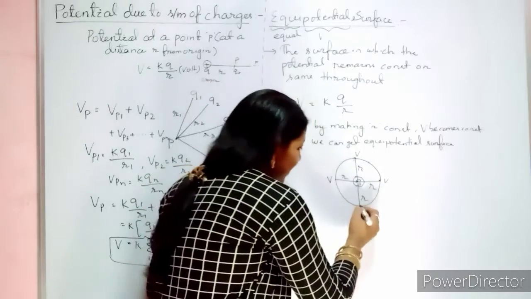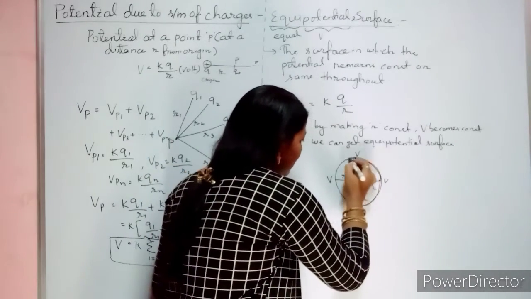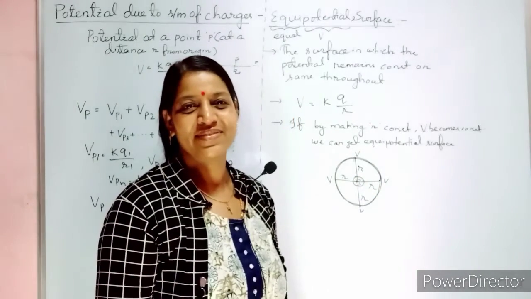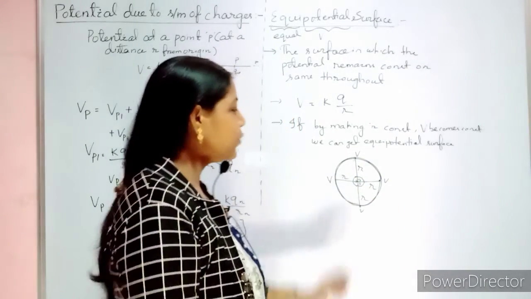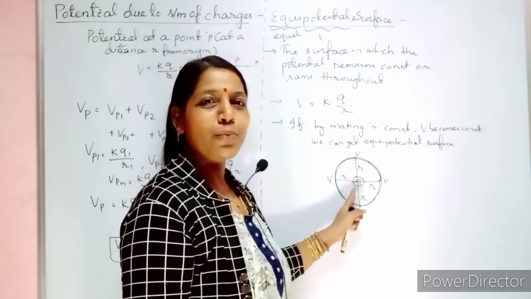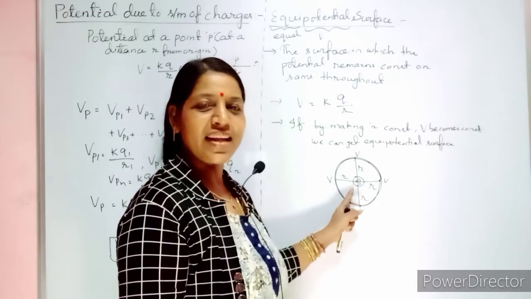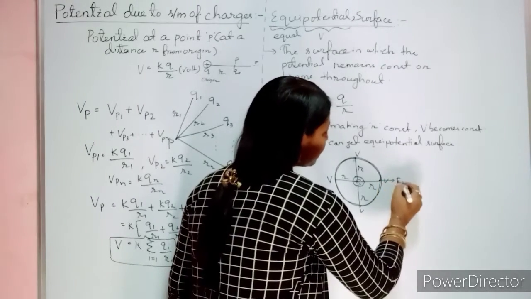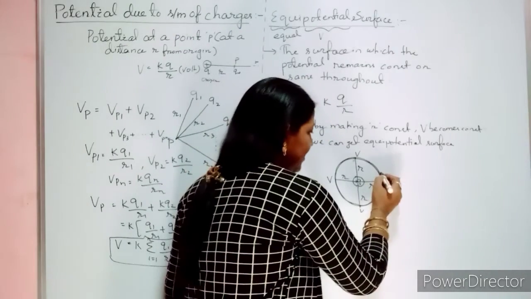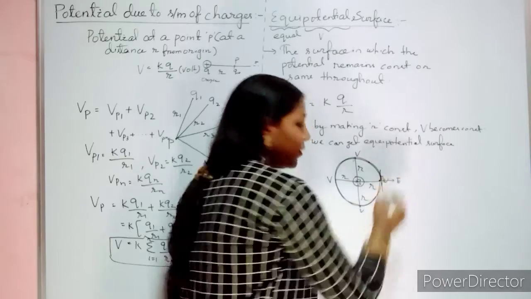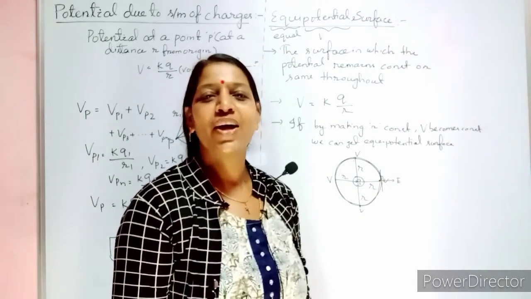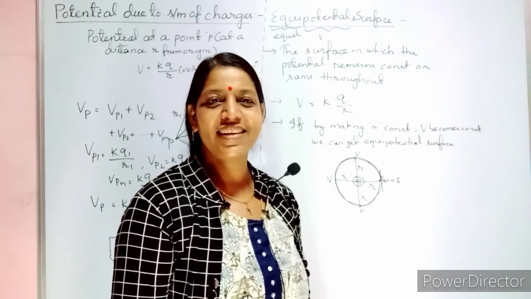So hence, this is called an equipotential surface. And here what you are able to observe, if it is a point charge, a positive charge you are taking, definitely your electric field will be outward. If you draw a tangent, what will you find? Your electric field is always perpendicular or normal to the equipotential surface.